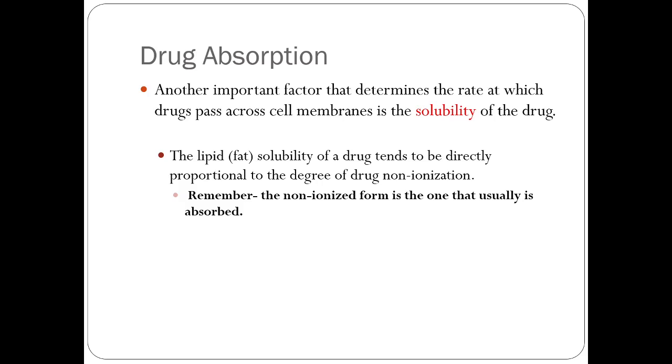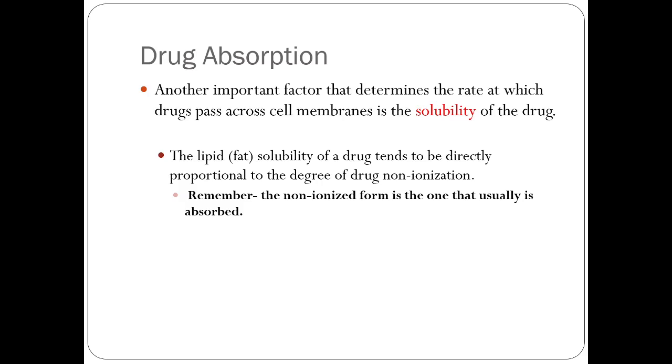Another important factor that determines the rate at which a drug passes through the cellular membrane is the solubility of the drug. Lipid, or fat, solubility of a drug tends to be directly proportional to the degree of drug non-ionization. Remember that the non-ionized form is the one that is usually absorbed.